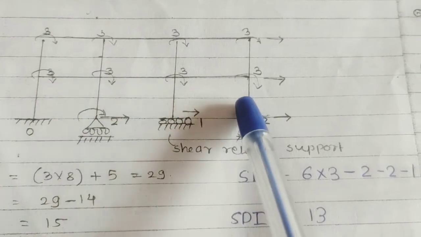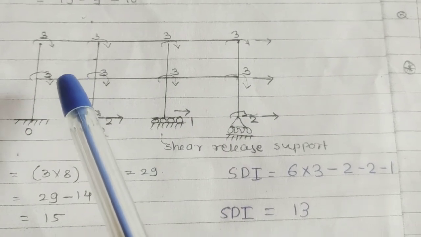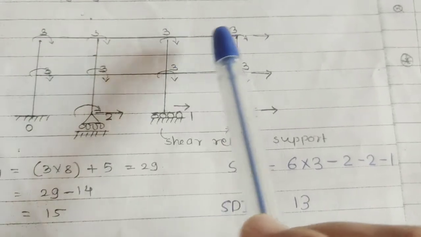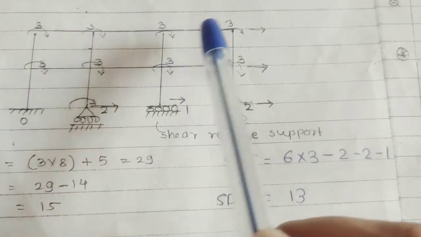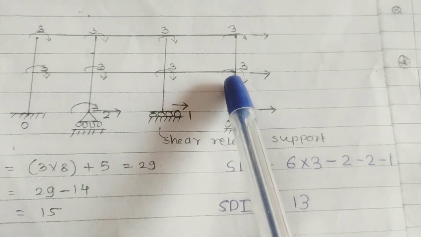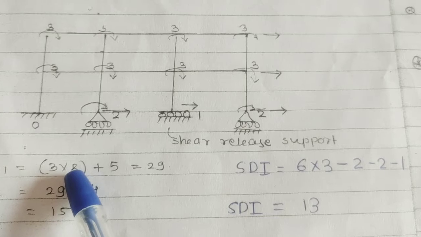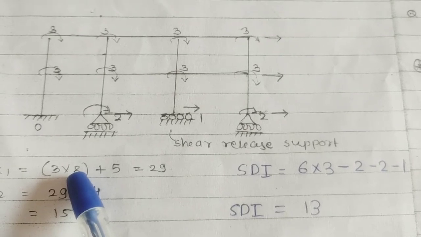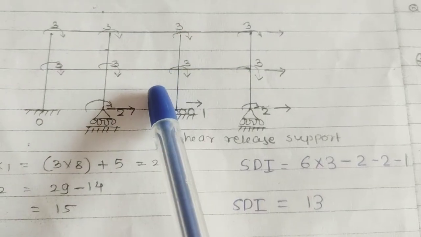Again you have to count the number of degrees of freedom for each rigid joint. Here number of joints are 1, 2, 3, 4, 5, 6, 7, 8. 8 into 3, that is 24. 24, that is the degree of freedom for all these rigid joints.